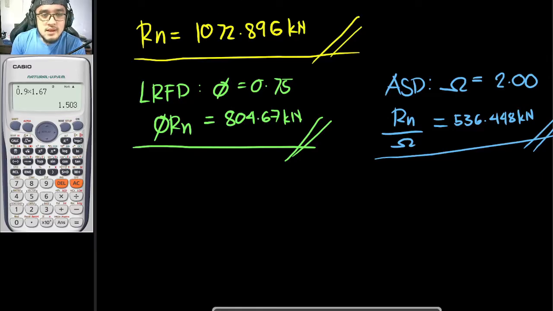So, na-solve na natin yung ating cross-sectional yielding, tensile rupture strength, yung ating bearing, and lastly, we would be solving for the shear. So, dito ulit tayo. Shear.